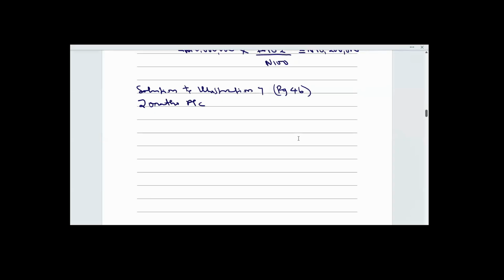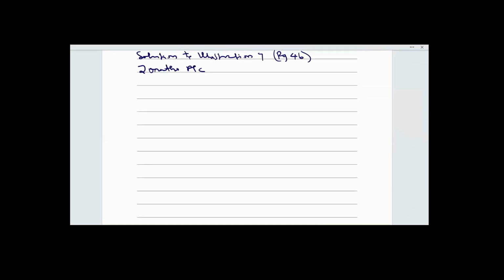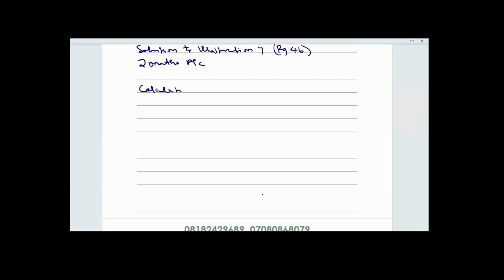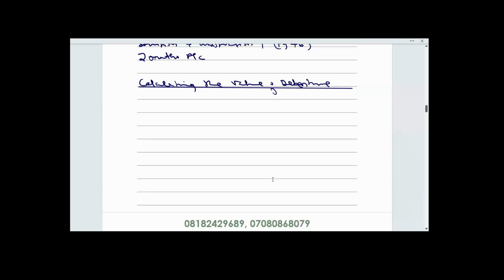So we want to determine the value of the company's debenture. So I would then say calculating the value of the debenture. Now, before you begin to calculate, you must understand what the market value of debenture or market value of debt is.